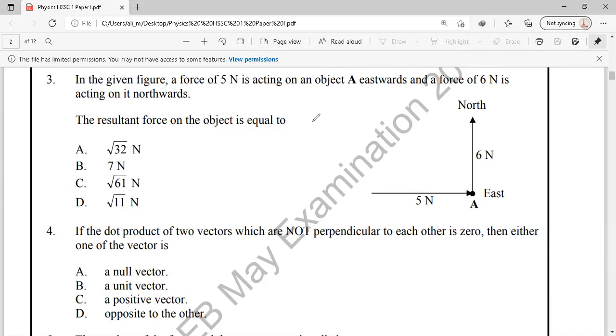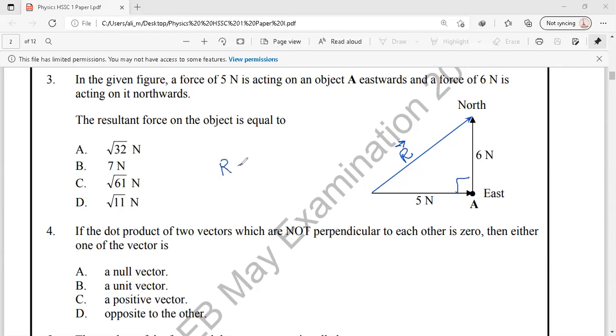We have to find the resultant of these two forces. So according to the head to tail rule, the resultant would be this arrow from the tail of the first vector towards the head of the last vector. So this is our resultant vector and these two forces are perpendicular.